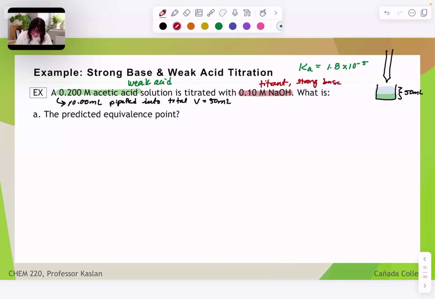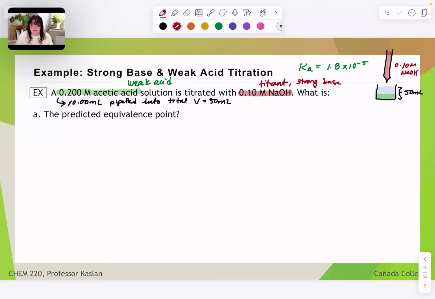This has a Kb that is so insanely large that we can go ahead and presume that the reaction runs to completion, that there's no equilibrium that is really noticeable to us. That is how large these strong acid and base dissociation constants are. So I've got my 0.10 molar NaOH here in the burette.